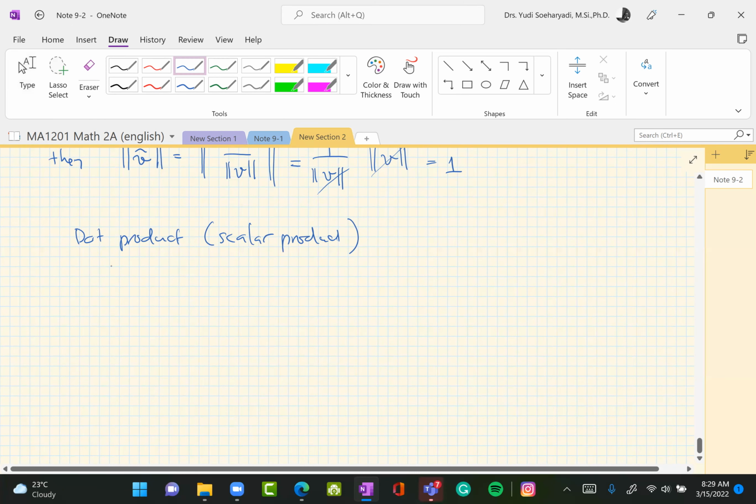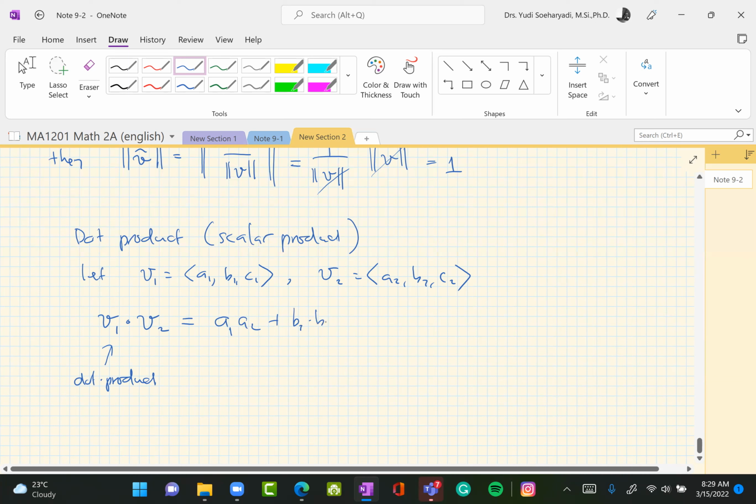For example, here, V1 is (A1, B1, C1) and V2 is (A2, B2, C2). So what we call the dot product is defined as the sum A1 A2 plus B1 B2 plus C1 C2.